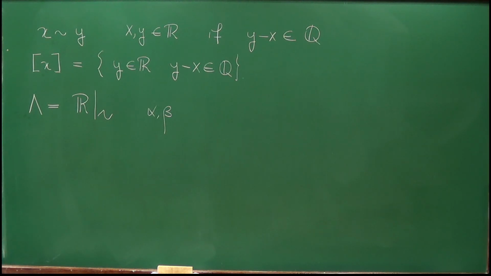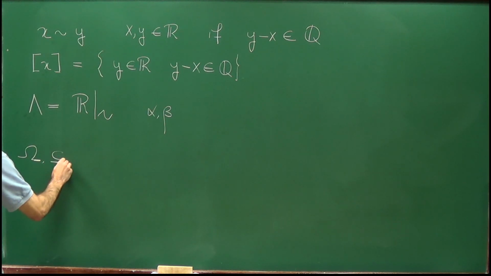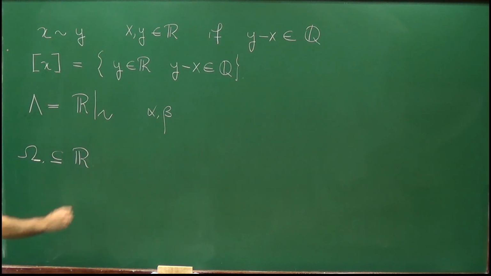Well, I will use the axiom of choice: for each equivalence class, I will take an element of this class, and in this way I will form a set, omega. So omega is a subset of R which contains one and only one point of each equivalence class of lambda.